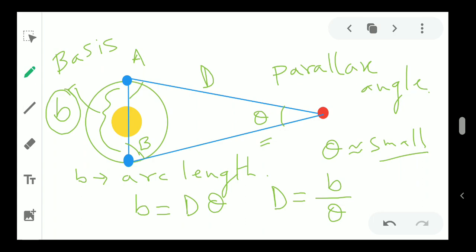The average distance between the sun and the earth is called 1 astronomical unit, and its value is known to us. So with this method we can find the distance of that planetary object or star.